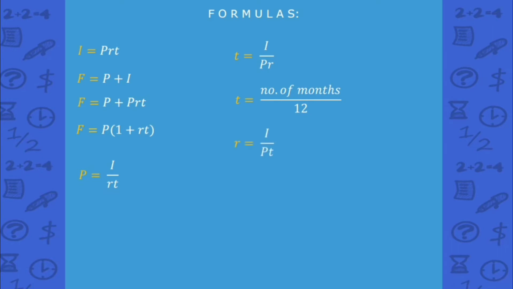In finding the rate, we divide the interest by P times T. Another formula in finding the principal amount is to simply divide the interest by the future value, F minus I.